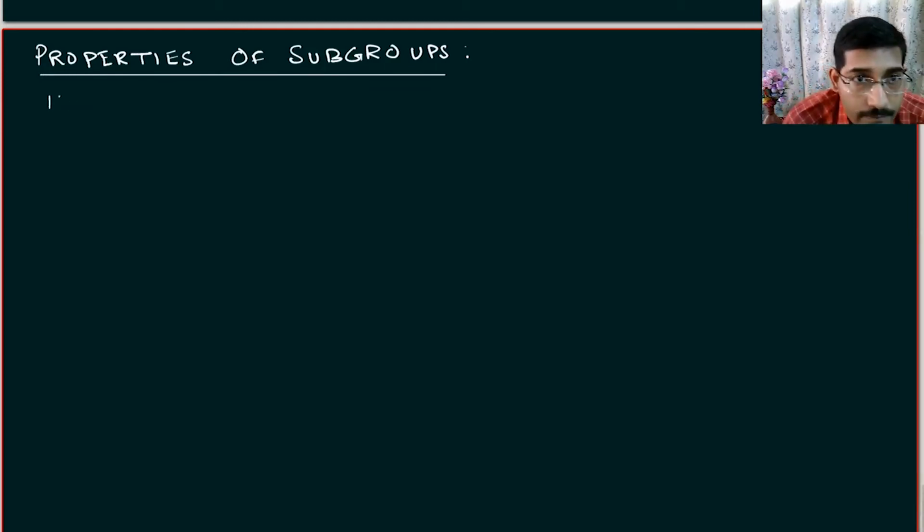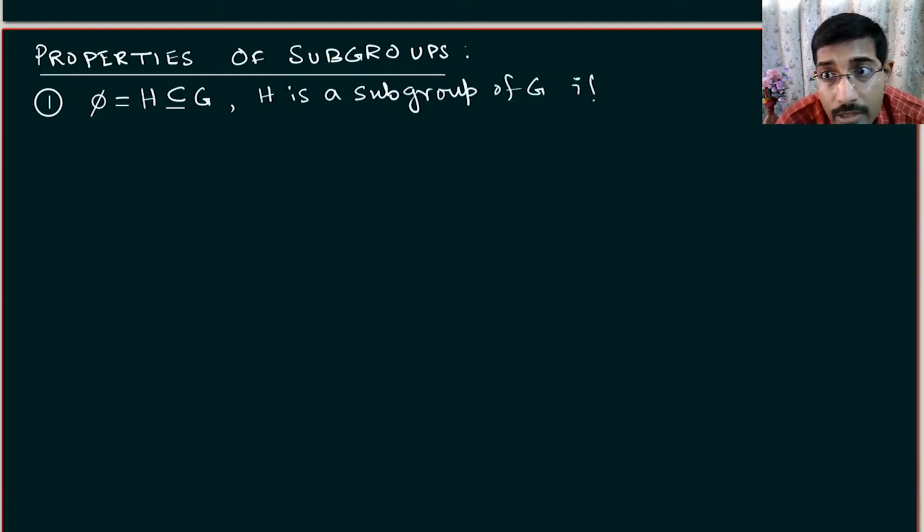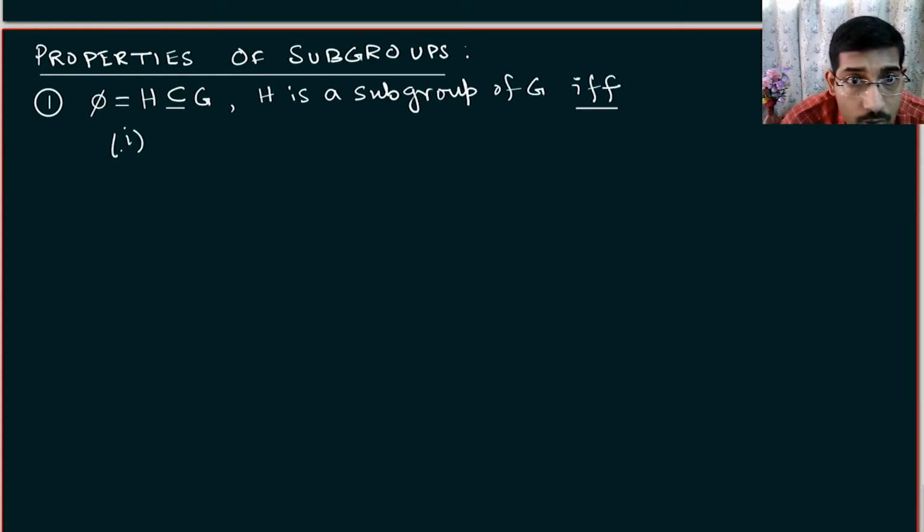Property 1. H, first of all, is a non-empty subset of G. Then we call H a subgroup of G if and only if these two conditions occur.